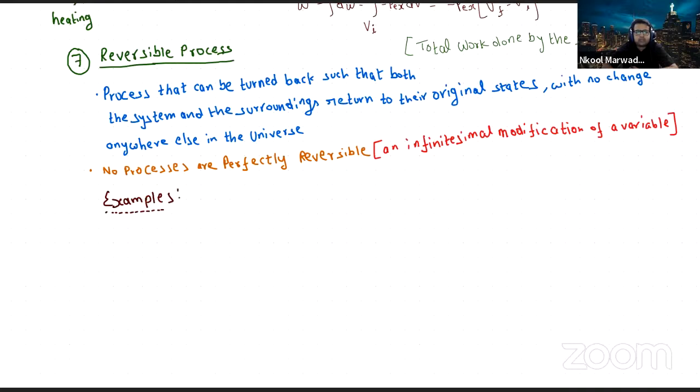So the first example which we can discuss is thermal equilibrium of two systems with the same temperature.